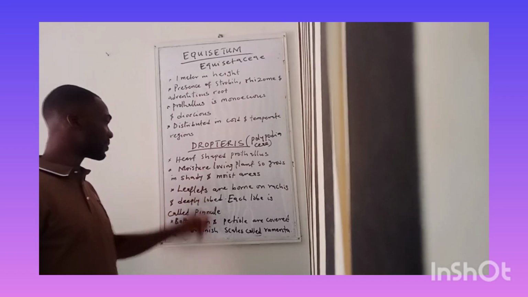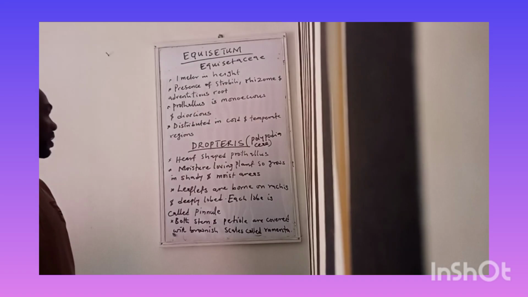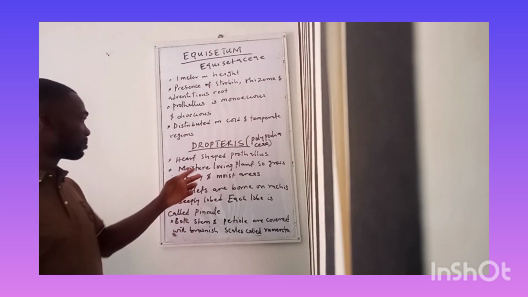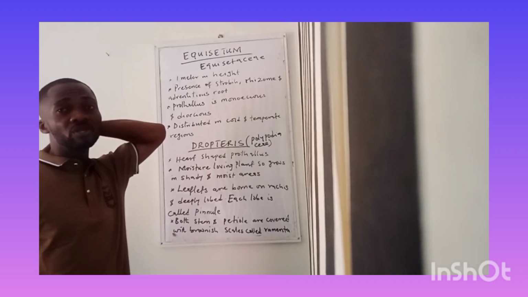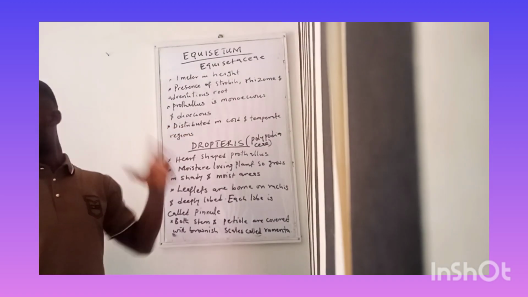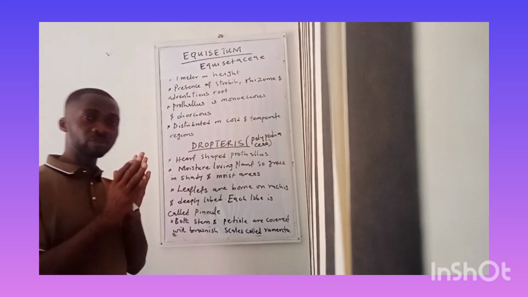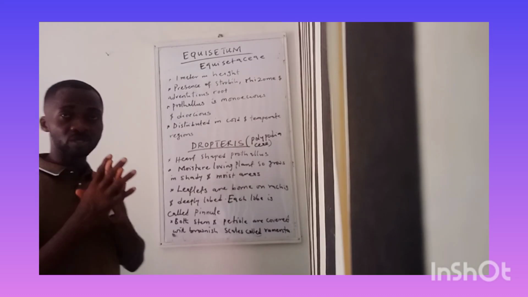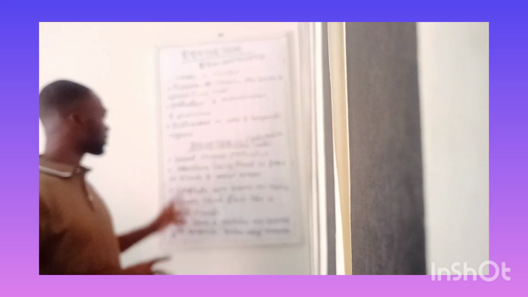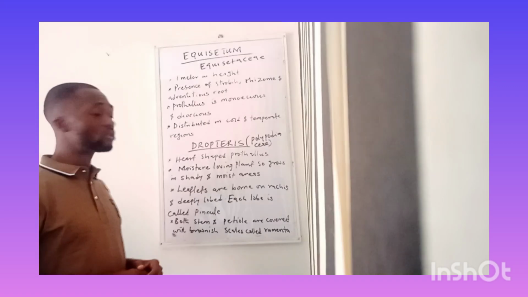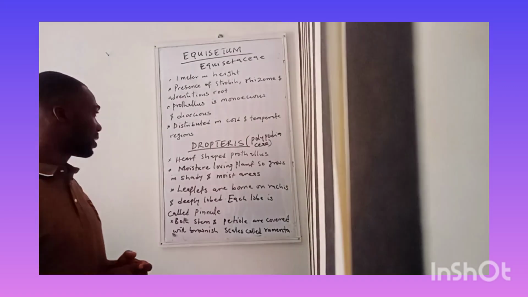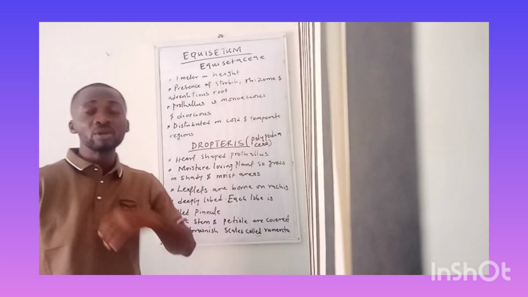Another characteristic is that the Prothallus of Dryopteris is monoecious, as you can see that both sex organs are found on the same Prothallus. That is a characteristic that is said to be monoecious. Dryopteris is a moisture loving plant, so it grows in shady and moist areas.